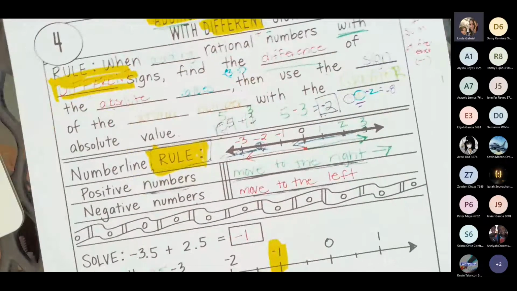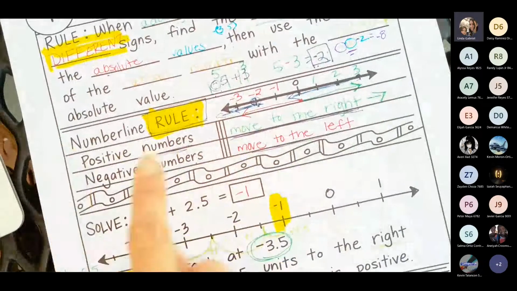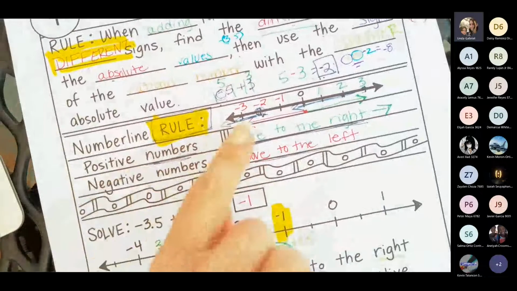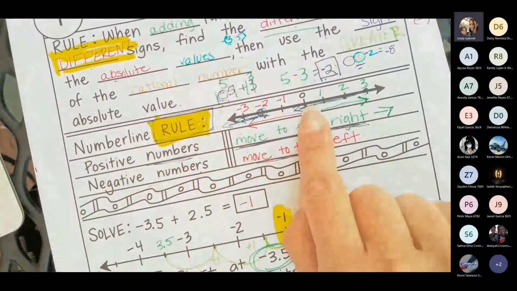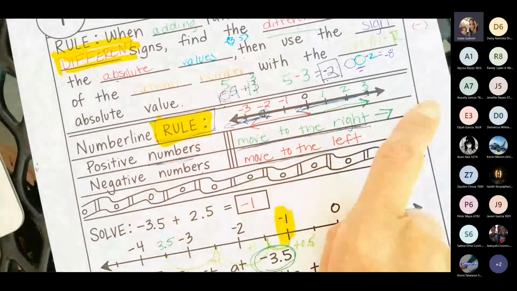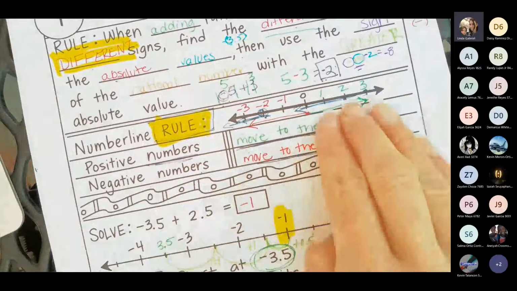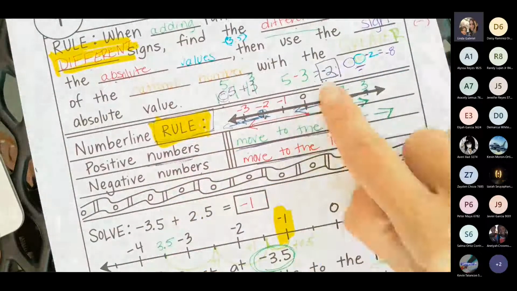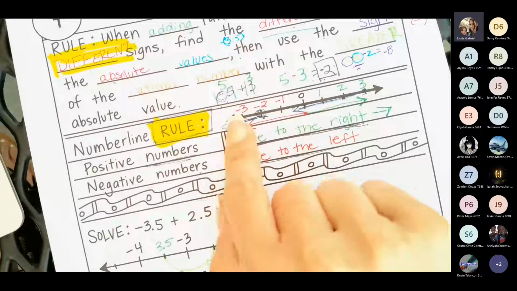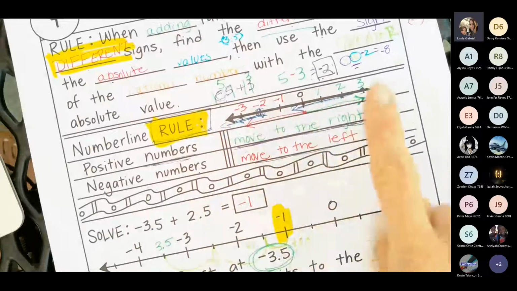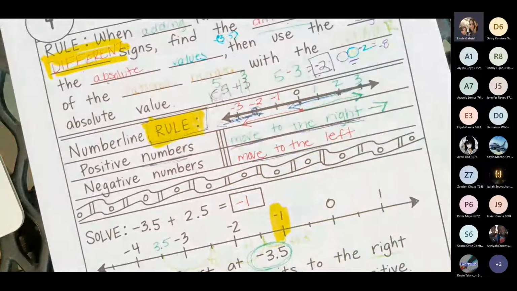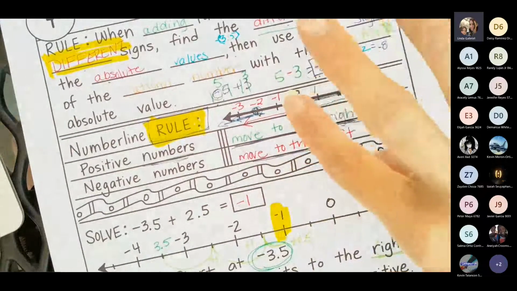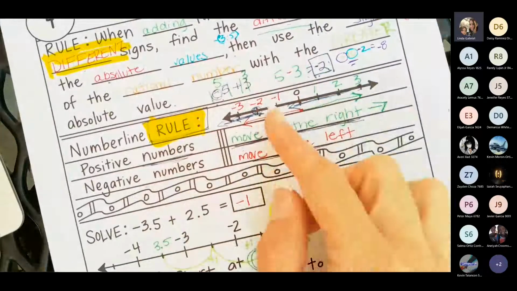Another really important thing that we learned from this page is the number line rule. I mean, this is always true. When we move to the right, we are becoming more positive. If we look at 0, as we move to the right of 0, the numbers are positive, always going to be positive. For the negative numbers, as I move to the left, I become more negative, right? Starting from 0, my numbers increase in value to the left on the negative side.